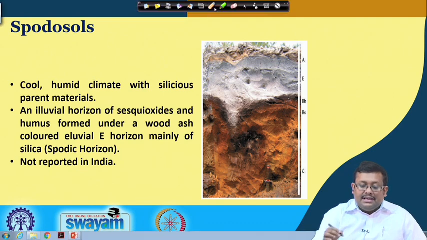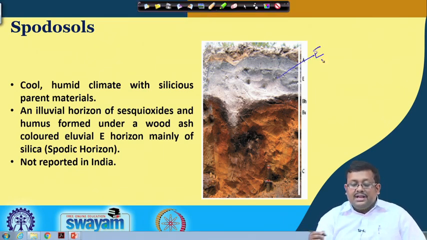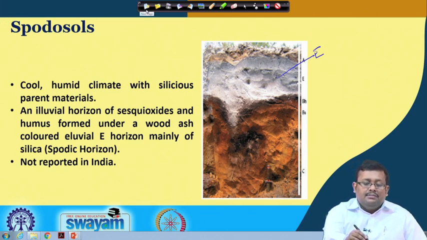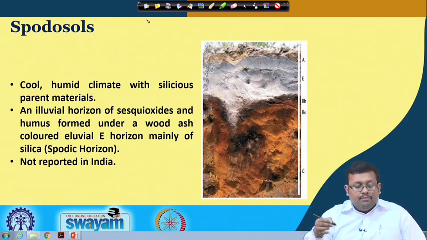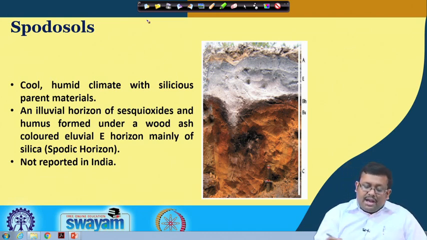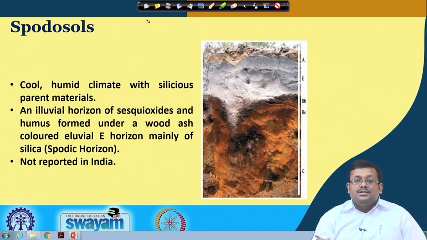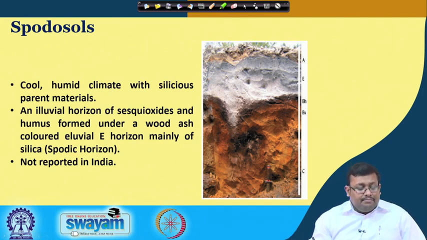You can see clearly the eluvial E horizon, wood ash colored, because they are characterized by the spodic horizon, where all the iron and aluminum oxides have moved downwards, leaving behind only the siliceous materials. That is why they form this wood ash colored horizon, and they are generally not reported in India.